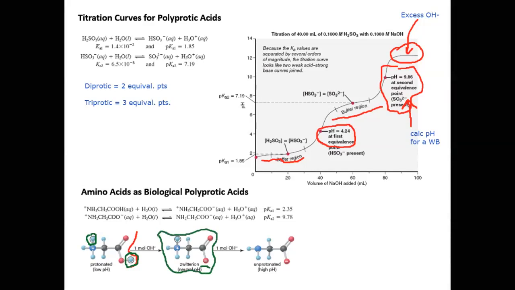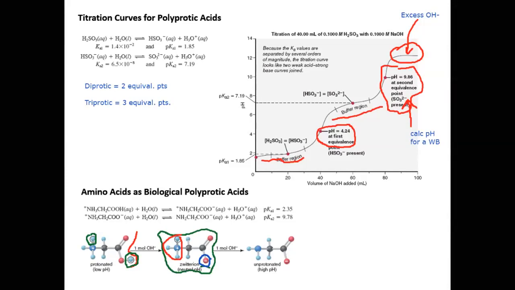The positive charge is on the nitrogen because it has 4 bonds, and the negative charge is on the oxygen because it lost its proton. So at a neutral pH, amino acids are Zwitter ions.